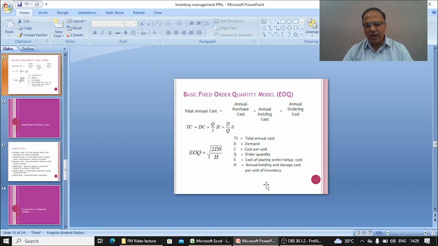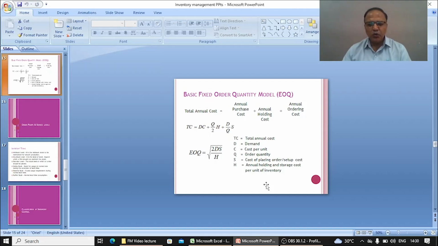Here we have a formula: EOQ is equal to the square root of 2DS divided by H. Some books write the square root of 2AO upon C in place of 2DS divided by H. Now, here D is equal to demand during the year, or you can say total material or total quantity consumed.